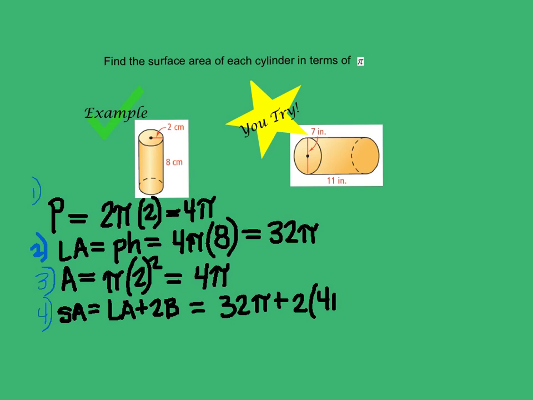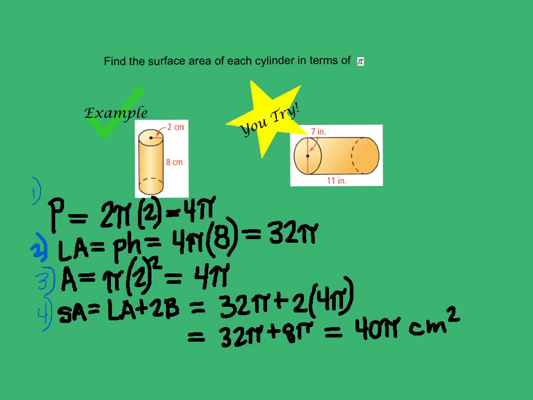We found it to be 4 pi. So 32 pi plus 8 pi, our answer is going to be 40 pi centimeters squared.